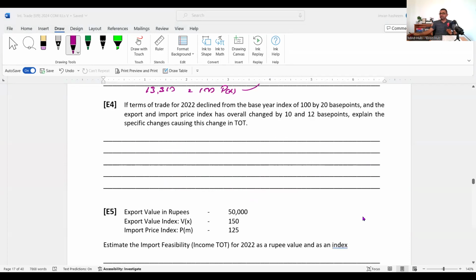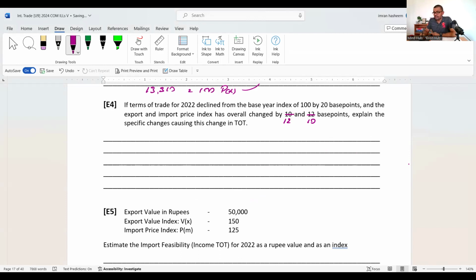Question 4. I have made a small error here: these two values have to change. This is 12, this is 10. Can you adjust that and give it a try?